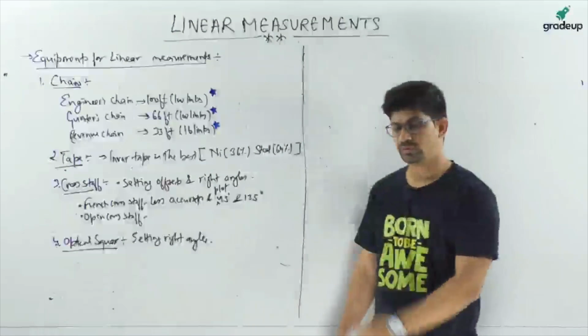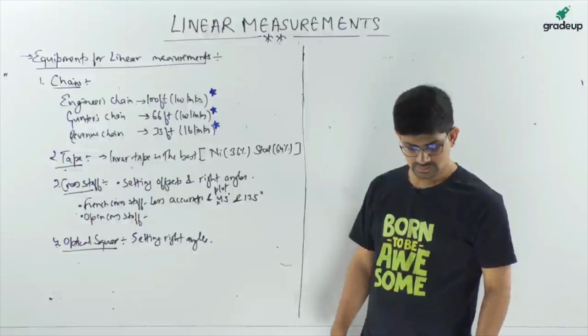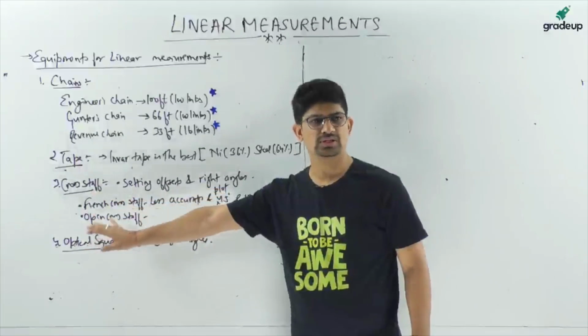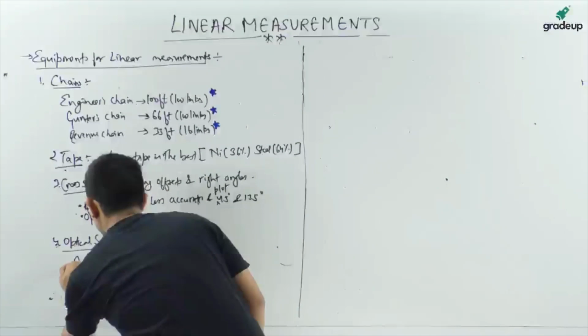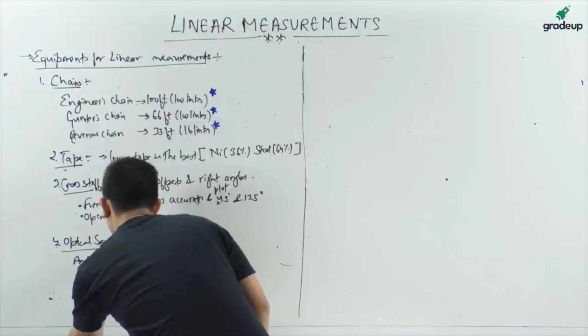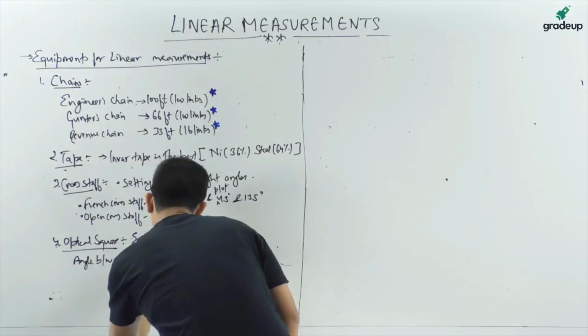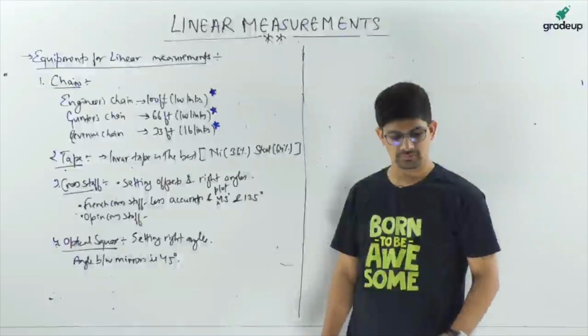Also it is accurate. As I already told, it is the upgraded version of cross staff, so it is more accurate than cross staff. Also the angle between mirrors is 45 degree.